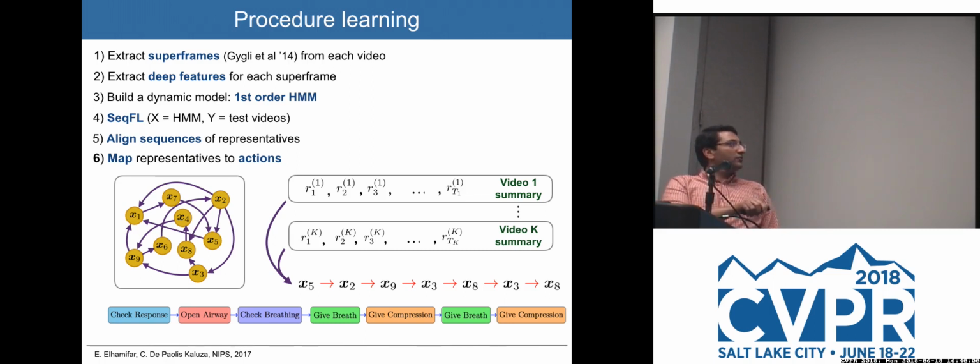And this is going to be, in the case of natural language description, the sequences of actions that need to be performed in order to do CPR. Or equivalently, I can just map these into segments of the video and get basically a summary and the order of the sequences of steps in terms of visual representation that need to be performed.